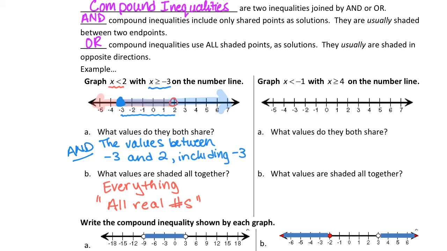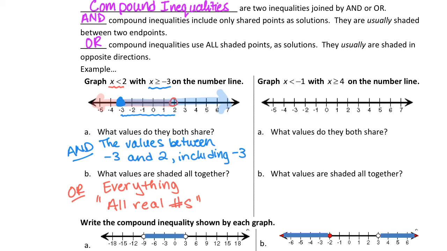This would be an OR, because it's any number that's either less than 2 or greater than -3, and that's all the numbers as we can see here. So that's the difference between an AND and an OR. An AND is where they overlap; an OR is what they both represent altogether. Either one could make that true.